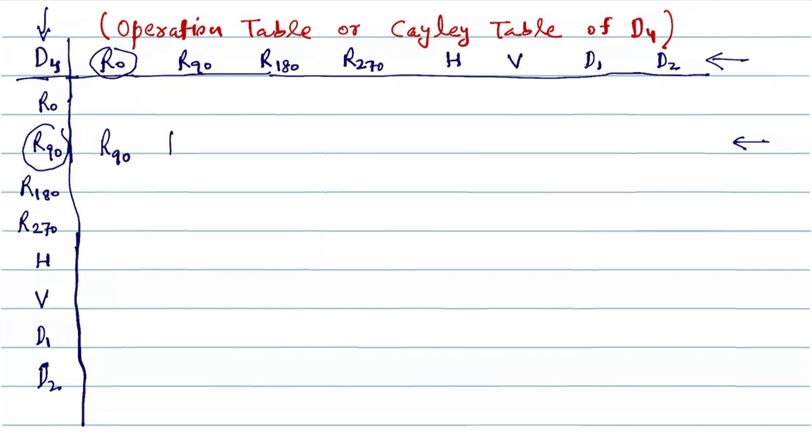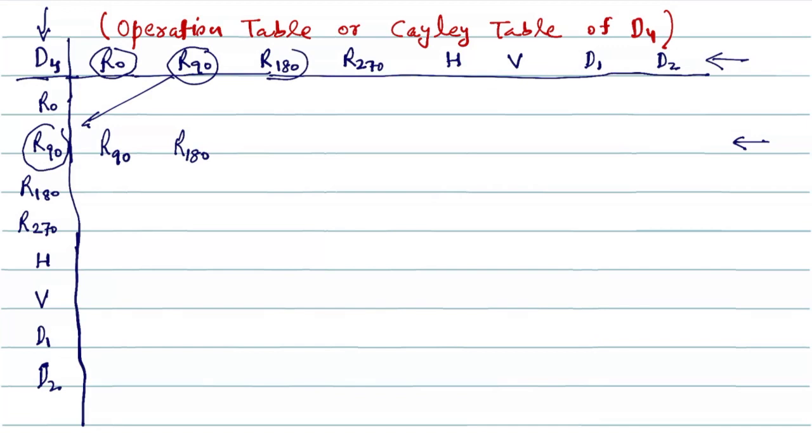Now this entry is R90 then followed by R90. So when we rotate this square by 90 degrees and then again rotate it by 90 degrees, ultimately we get a rotation of 180 degrees. So R90 followed by R90 gives us R180.